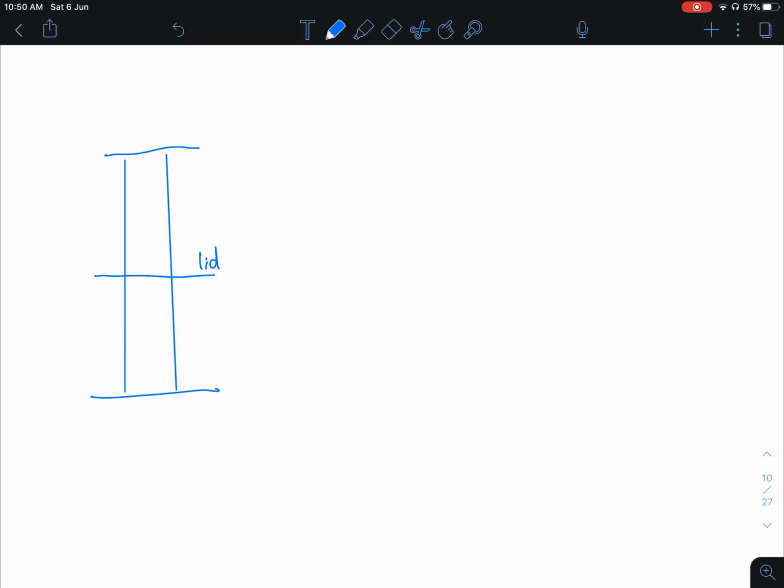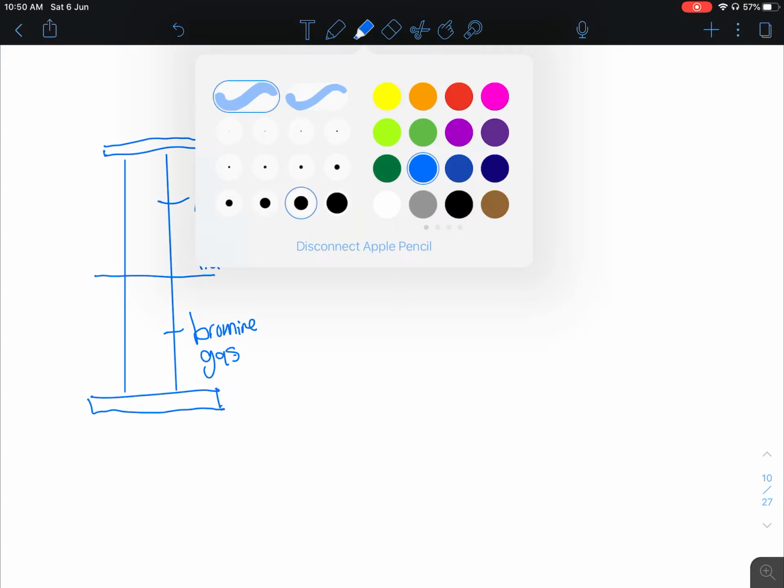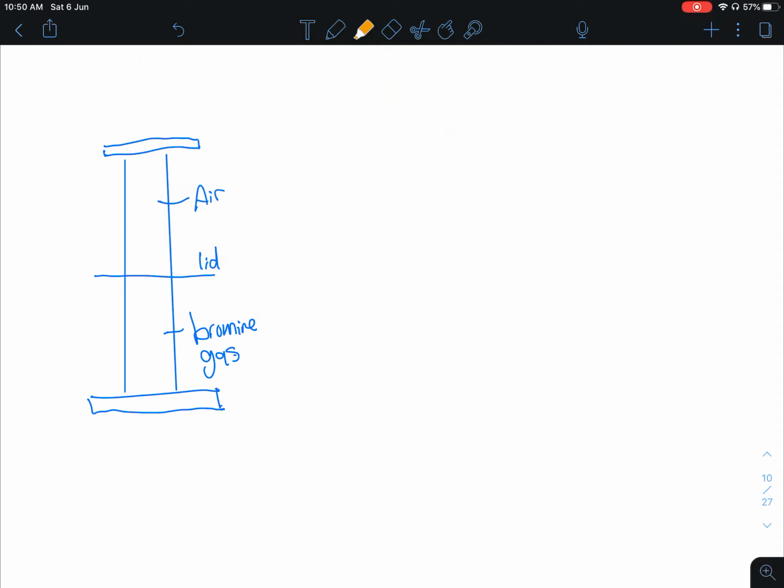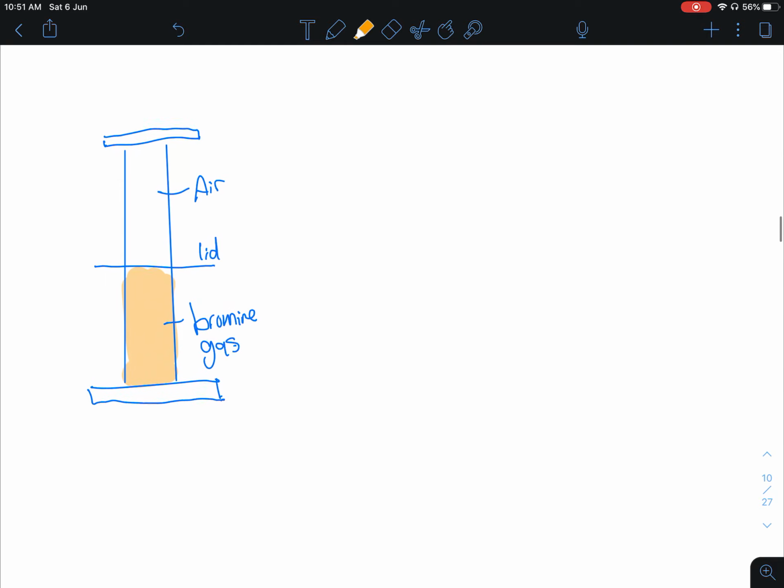So let's say this is a lid, and this whole thing is a gas jar. Okay, where at the bottom, so this is just air, and this is bromine gas. So for bromine gas, it is maybe reddish brown in color. So this whole cylinder is filled with the gas, and the air, of course, it's clear. It's more or less transparent.